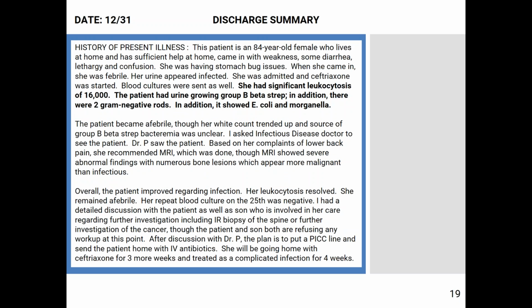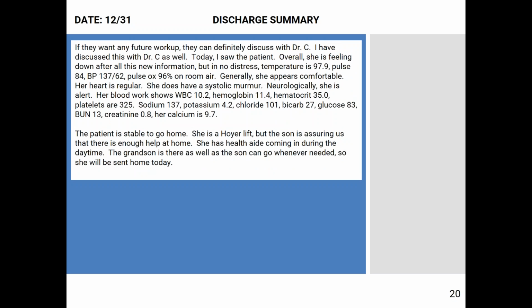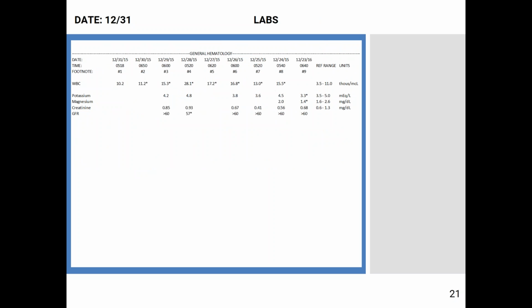And this is the remaining part of the discharge summary, and just really reiterates what the patient had. More specific bugs were found with the gram-negative rods. And also note that the patient had multiple organisms growing, so a pretty bad infection. The sodium-potassium levels returned to normal by the time of discharge, so that was corrected.